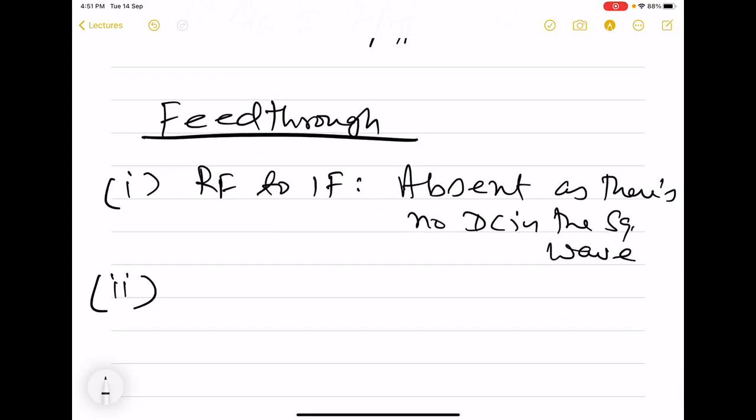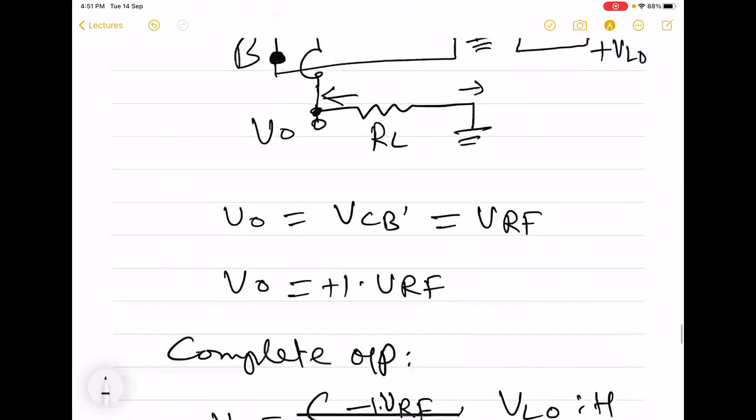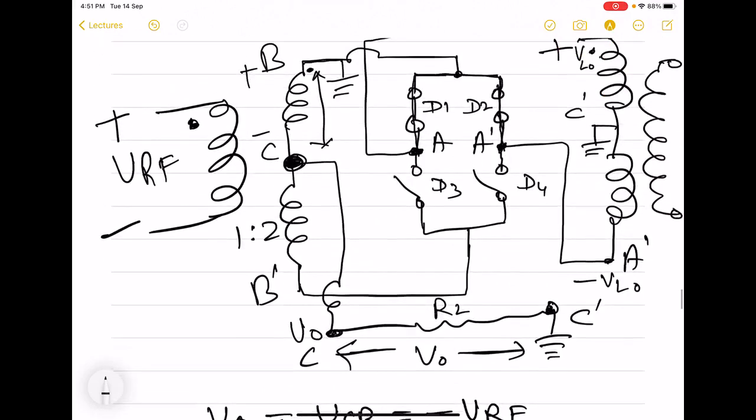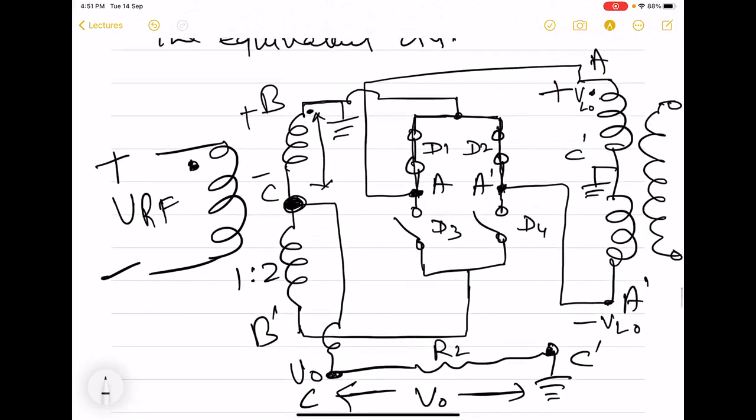Now, what about LO to IRF? For that, we will visit the equivalent circuits for the two halves. So this is LO, and we want to know whether there is any LO that reaches the RF or not.